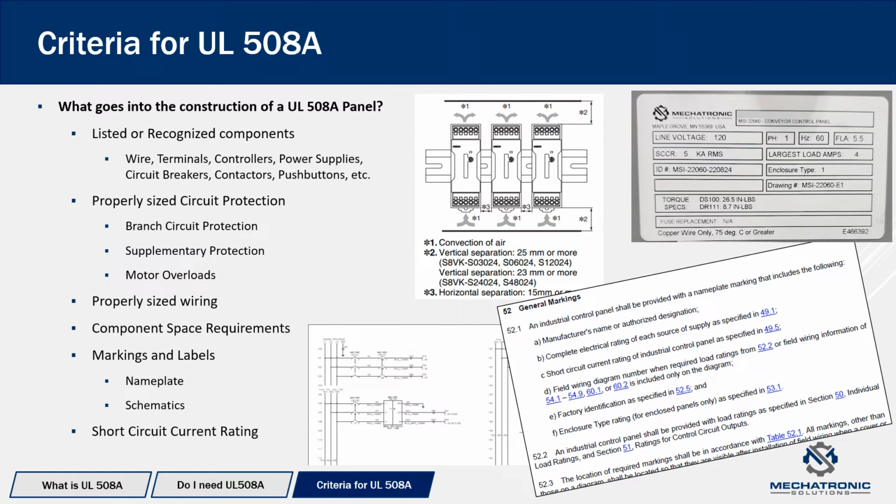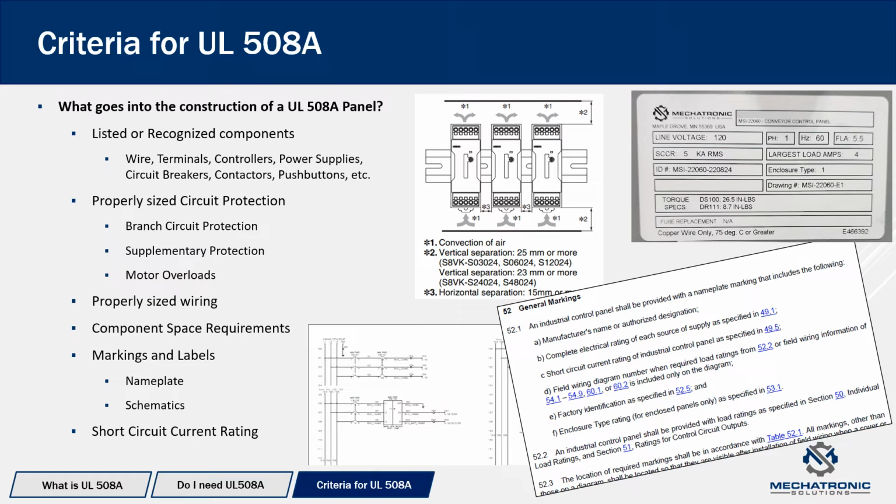So some of the criteria that goes into listing a panel is, first and foremost, you need to use listed or recognized components, and we'll cover recognized components in a minute on the next slide.